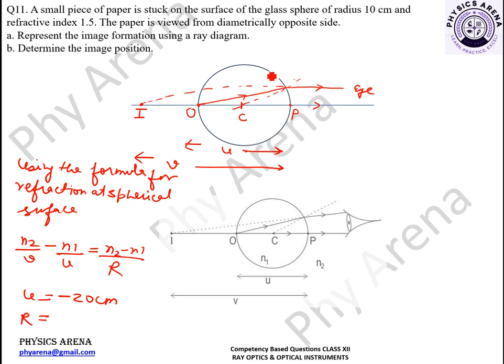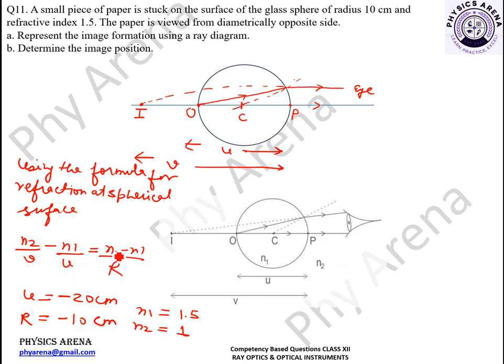So this is refracting from this spherical surface. So the radius of curvature will be minus 10. So u is minus 20 and R is minus 10 centimeter. I can use these values. Also, the value of n1 is 1.5 and n2 is 1 because outside it is air.